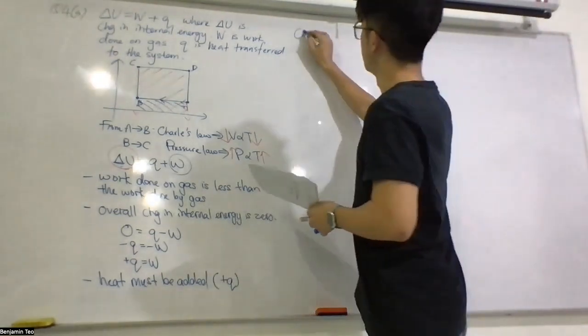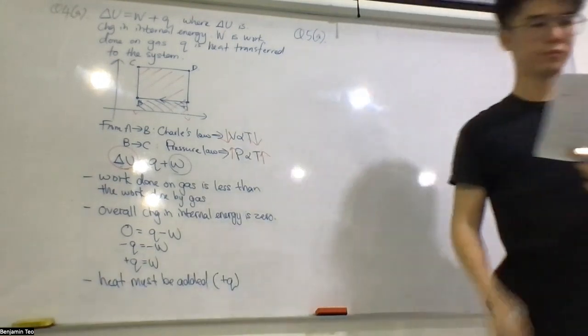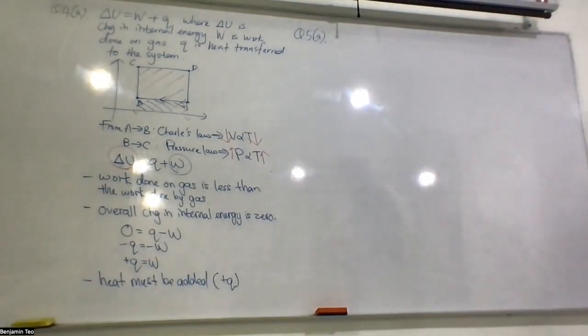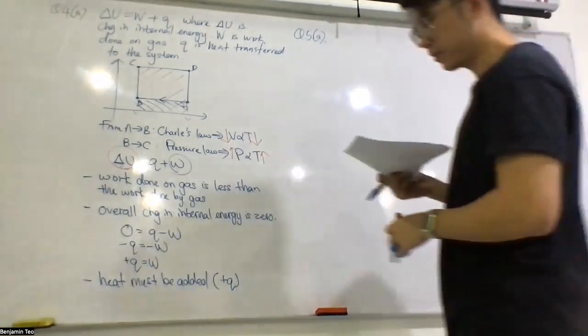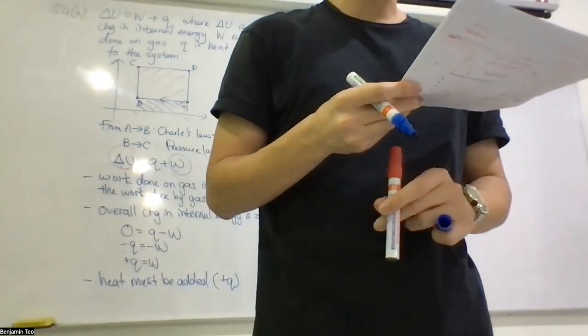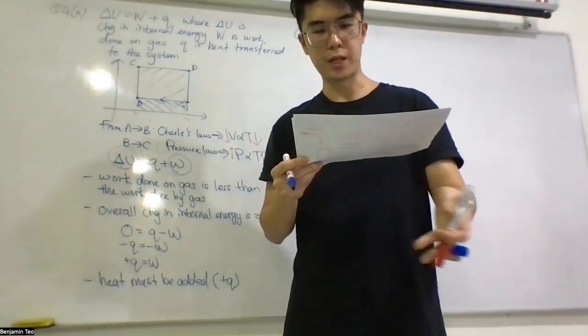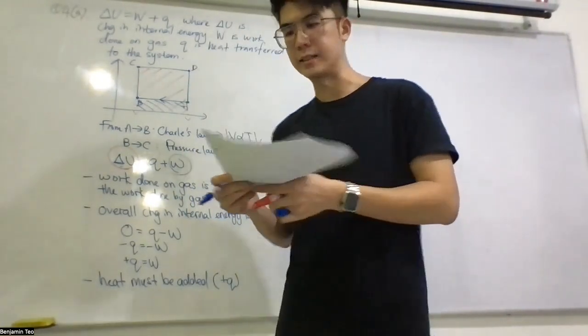Okay, question 5. A fixed mass of ideal gas is initially at temperature 17. The gas has a volume of 0.24 and a pressure, all given. State what is meant by ideal gas.